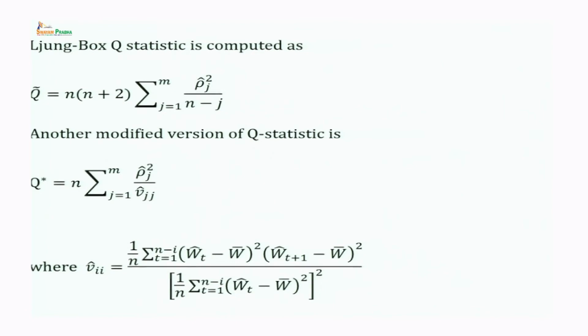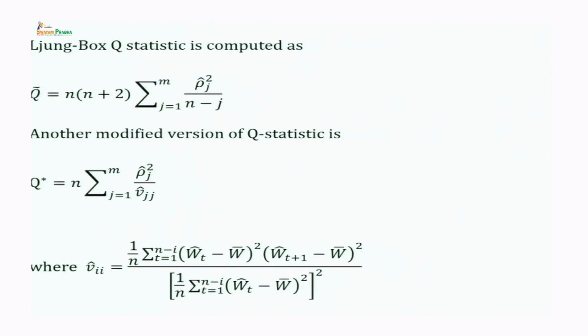Then another modified version of Q statistic is Q star equal to n summation j equal to 1 to m rho hat j square upon v hat j j, where you obtain v hat i as 1 upon n summation t equal to 1 to n minus i (w hat t minus w bar) square (w hat t plus 1 minus w bar) square, divided by (1 by n summation t equal to 1 to n minus i (w hat t minus w bar) square) whole square.